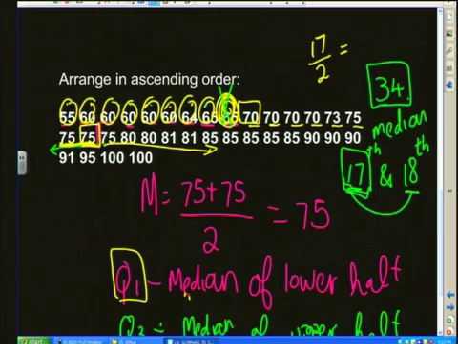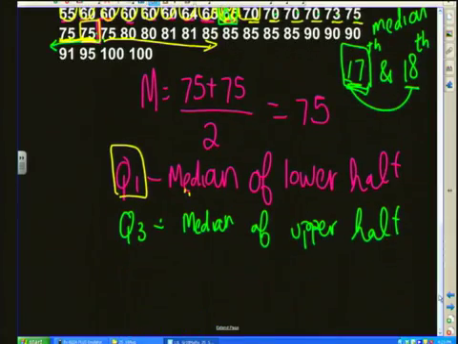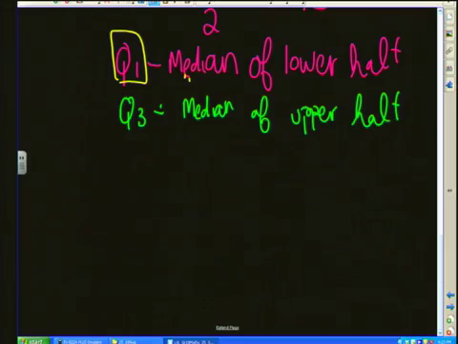So there should be 8 values to the right: 1, 2, 3, 4, 5, 6, 7, 8. Okay, so this median point, 65, divides your lower half into 2 equal pieces. So Q1 is equal to 65. All right, and then for Q3 we do exactly the same thing.